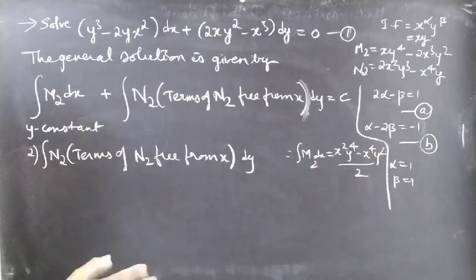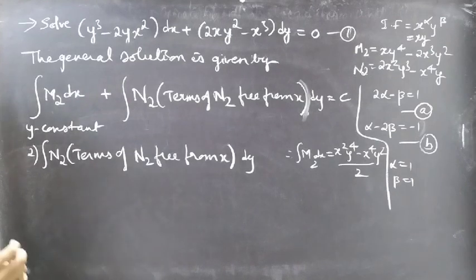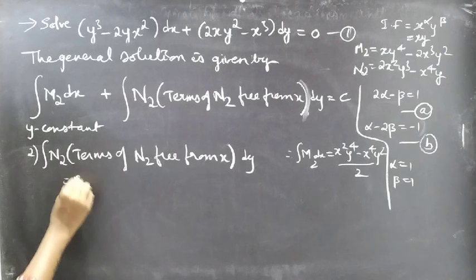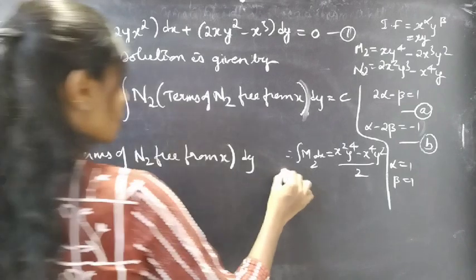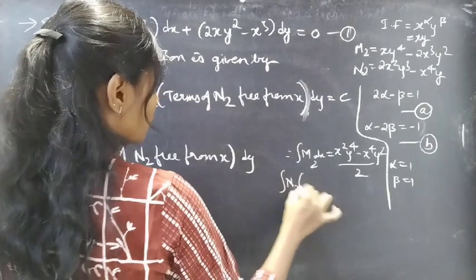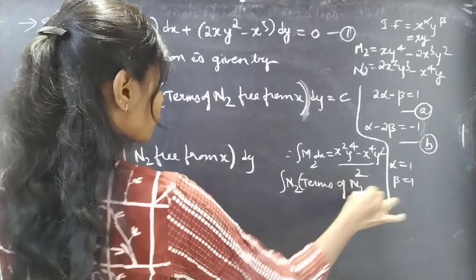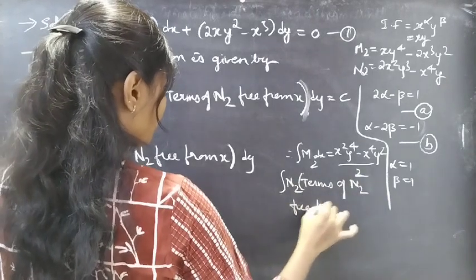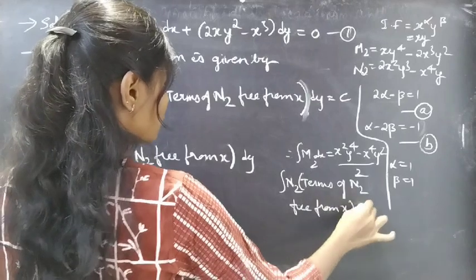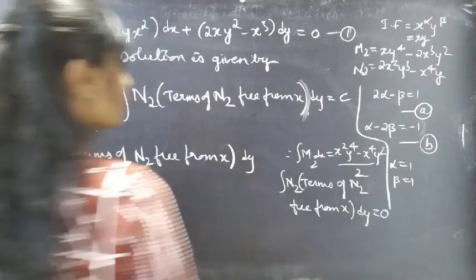So there is no term in n2 which is free from x. So this is equals to 0. Integral of terms of n2 free from x into dy equal to 0.